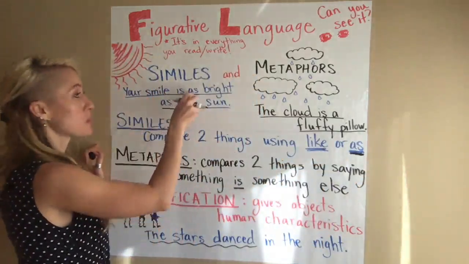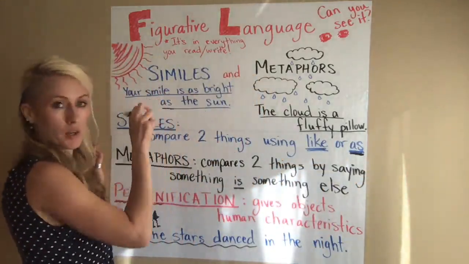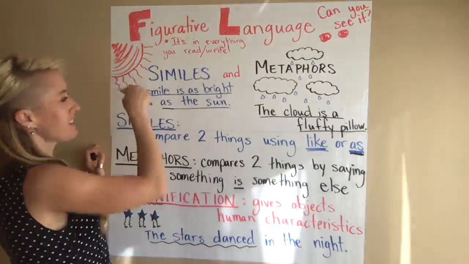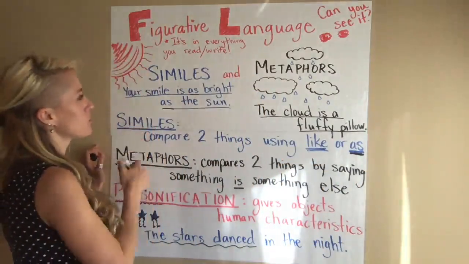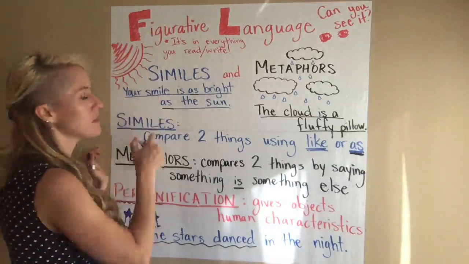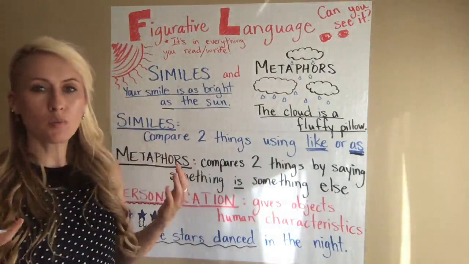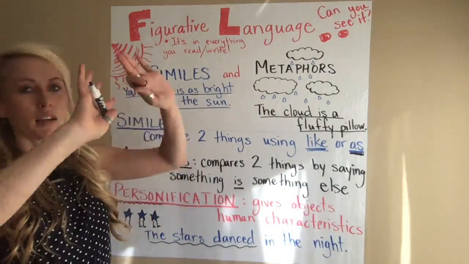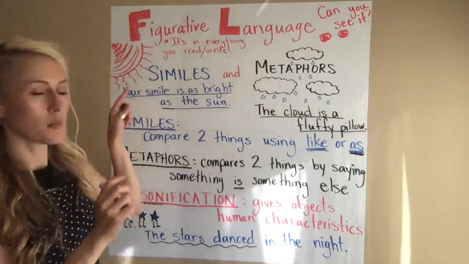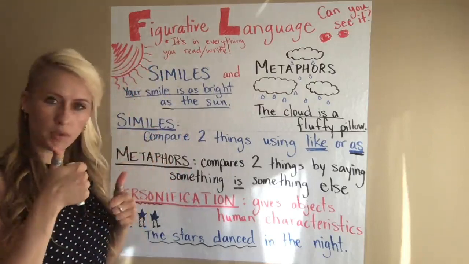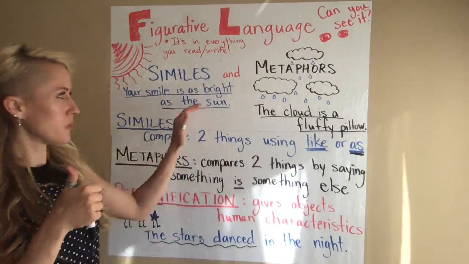We don't see like, but we do see as. Is it comparing two things? Smile and sun. Yes. So what does it mean? It means that your smile is so bright, so beautiful. It is as bright as the sun. It is comparing their smile and the sun. We doing okay so far? Simile, metaphor.